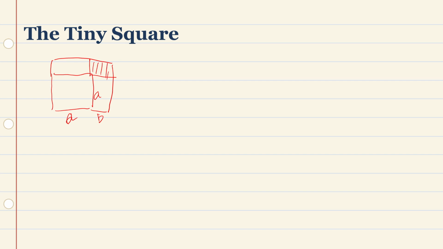So this is the area of this rectangle. We said y is equal to (a plus b) squared, and we figured out that the change in the area was 2ab plus b squared.